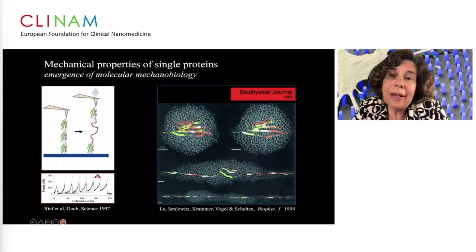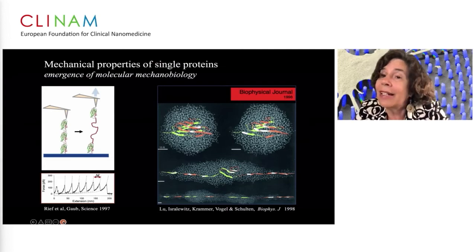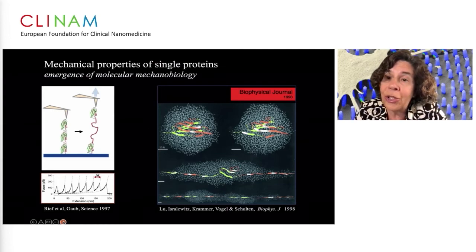So the first insights that proteins have fantastic mechanical properties that are different from polymers emerged when Hermann Gaub's group in 1997 started pulling on single proteins.